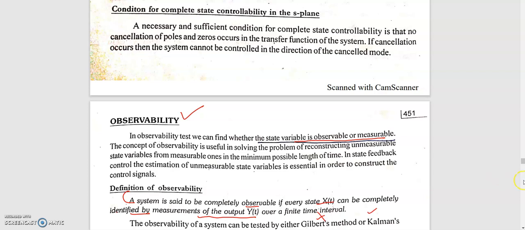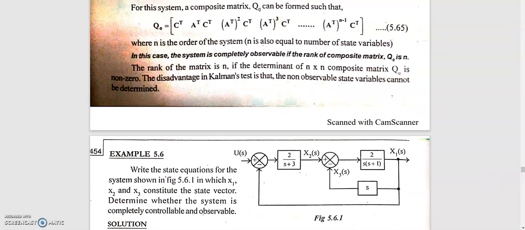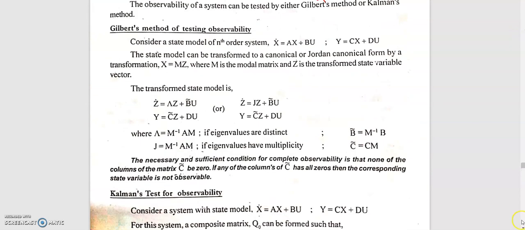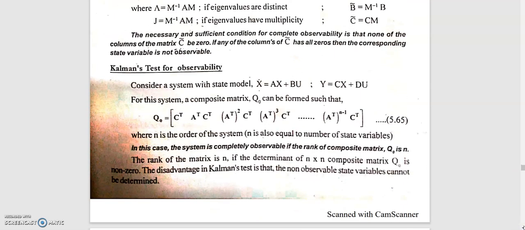Now, see what Kalman's test of observability is. In Kalman's test of observability, again you first should know the state equation and the output equation, where you know what A, B, C, D are, and form the matrix QO.